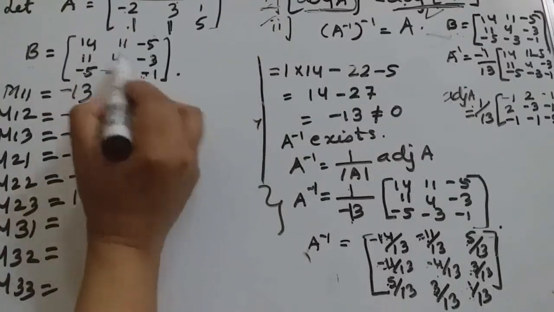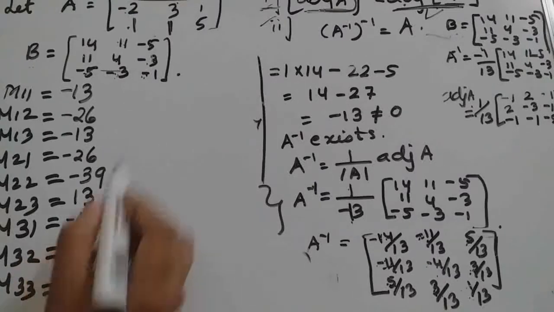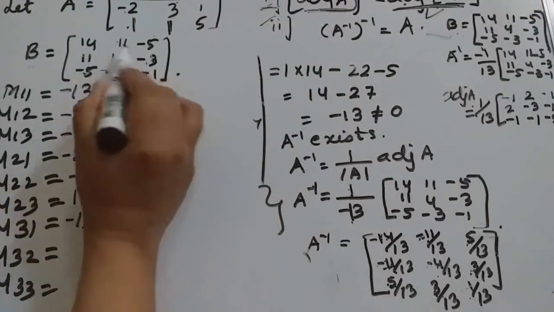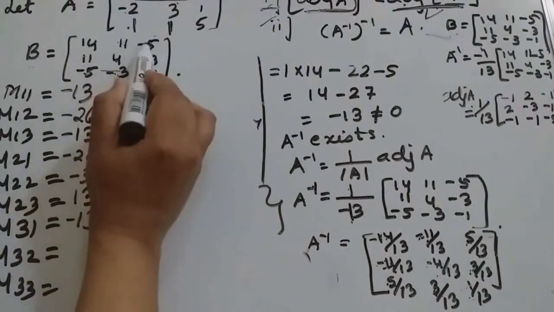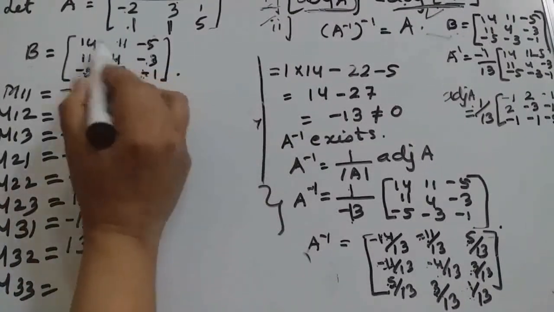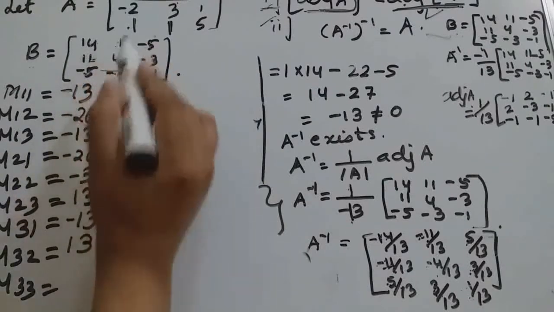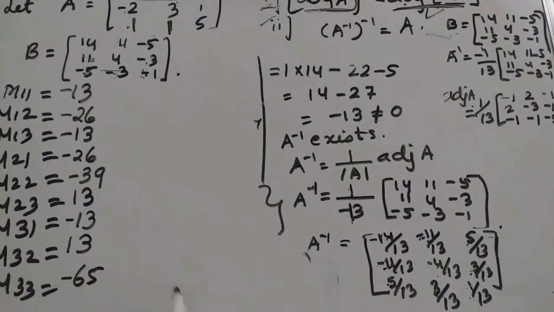Then third row, first column will be minus 33 plus 20 means minus 13. And third row, second column means minus 42 plus 55, that is plus 13. And third row, third column means 56 minus 121, that is minus 65, isn't it?